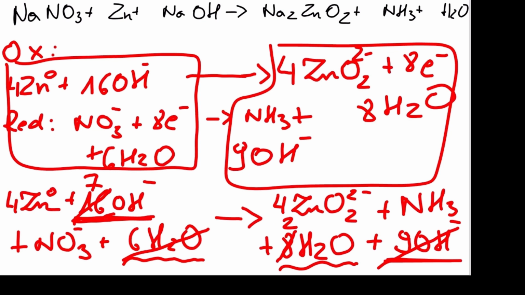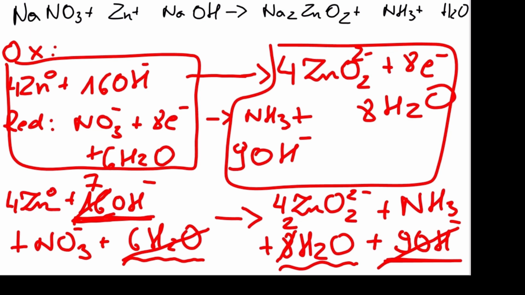Okay, so we have new overall reaction, I mean with new coefficients. 4 zinc atoms, metallic, 6 hydroxide anions, 1 nitrate anion, and that's all. On the right side, in the products, we have 4 zincate anions, one particle of ammonia, 2 particles of water, and that's all.